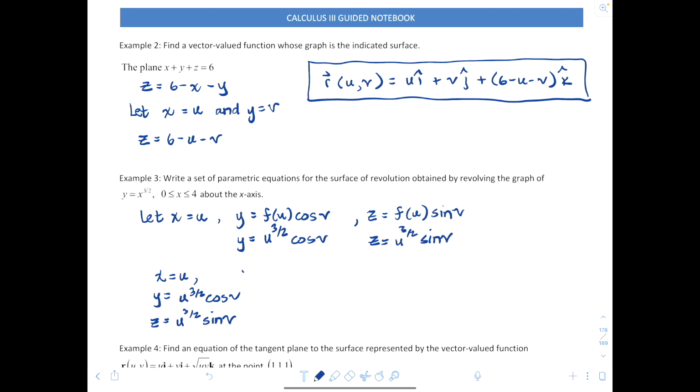And remember that 0 is less than or equal to u is less than or equal to 4. And then we've got to get that revolution of 2 pi, so v has to be between 0 and 2 pi inclusive to get our surface of revolution. Groovy?